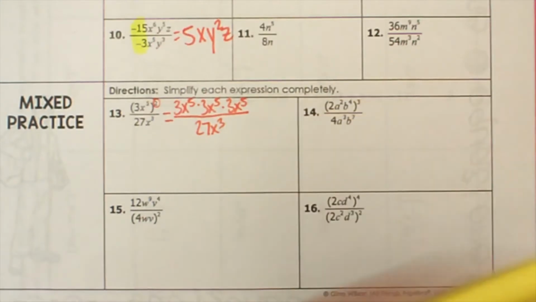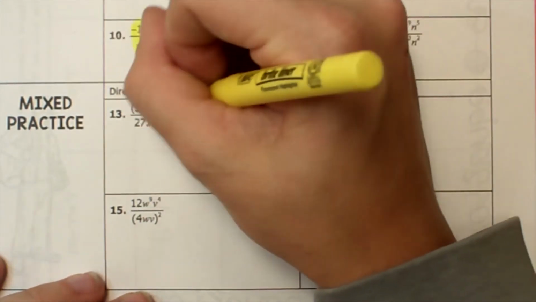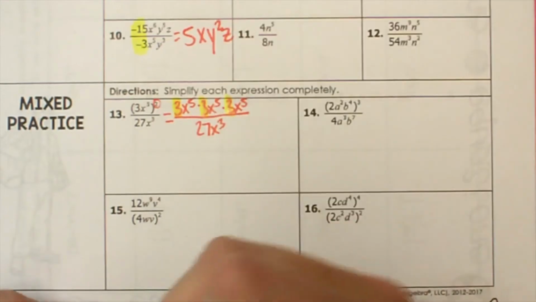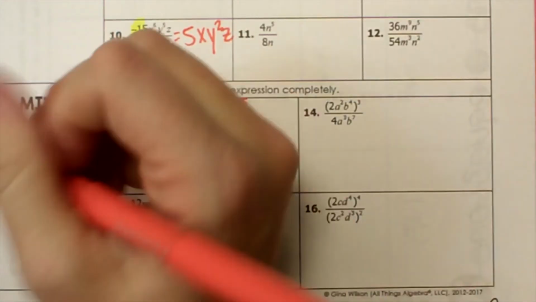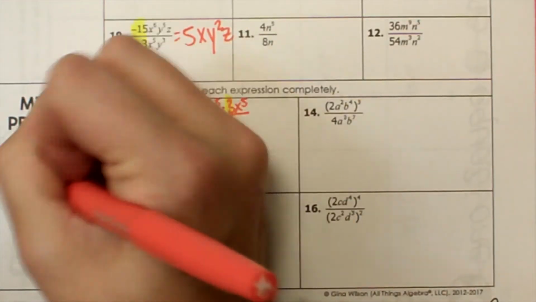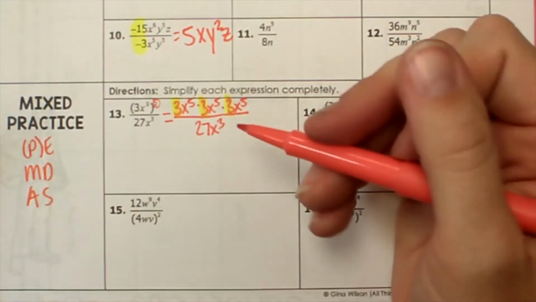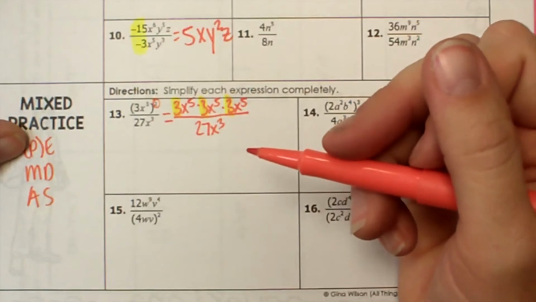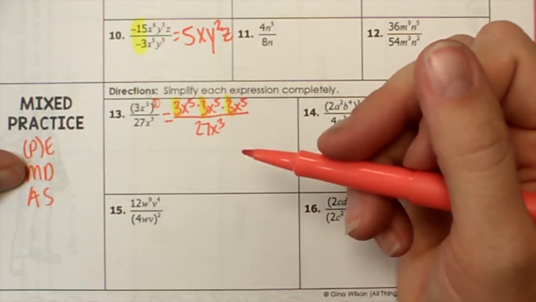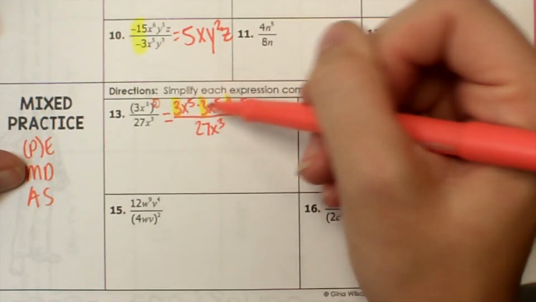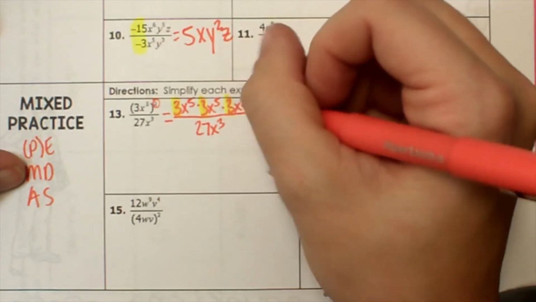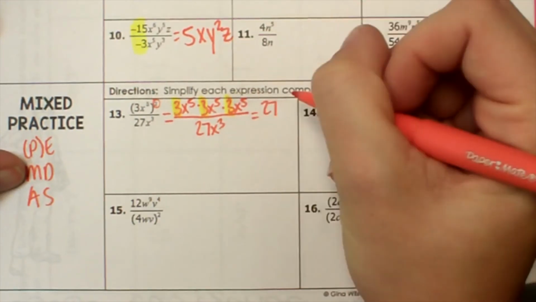But before we can divide, we have to take care of the multiplying, just like PEMDAS says. Remember your PEMDAS, you don't have to write it. I'm writing it because you can't see it from above. You have to take care of your parentheses, then you have to multiply. So we have 3 times 3 is 9, times 3 is 27 on top.